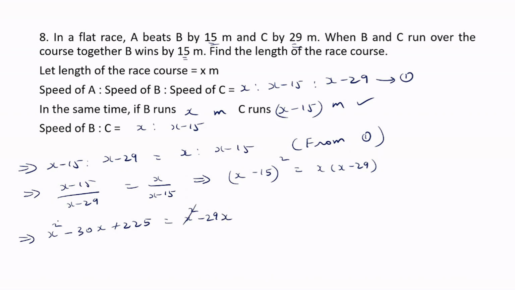So here both sides x square will get cancelled. If we bring this minus 30 to this side, we get 225 equal to 30x minus 29x, which is equal to x. Therefore, x equal to 225 meters. Therefore, length of race course is 225 meters.